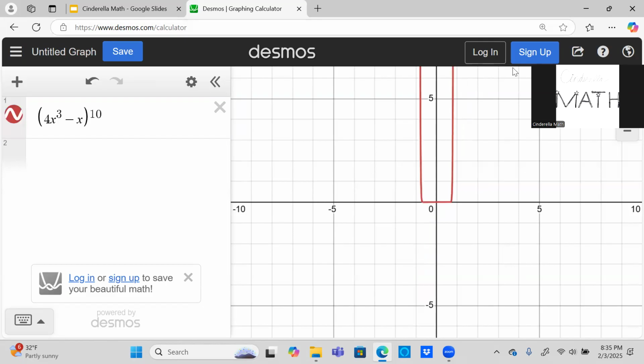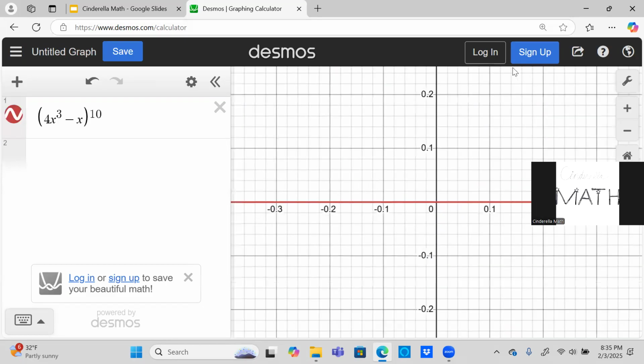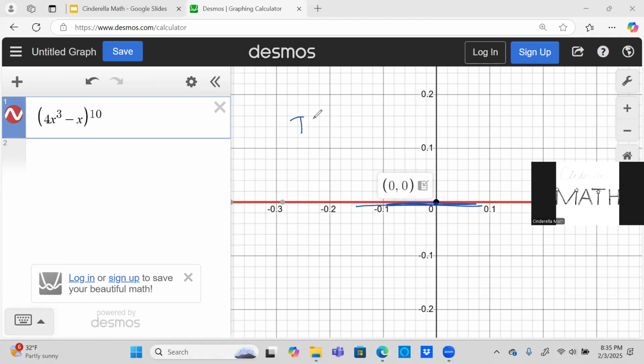If we zoom in on Desmos here, there it is. You can see the point is (0, 0), and that tangent line is just this straight horizontal line, y equals 0. And then if we wanted to come perpendicular to that through that point, that would be x equals 0. There's your normal line. So again, kind of a weirdo, but it does happen.